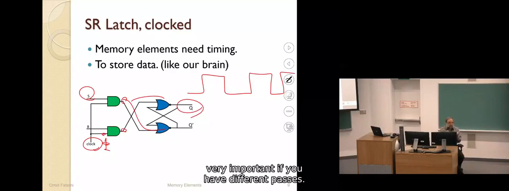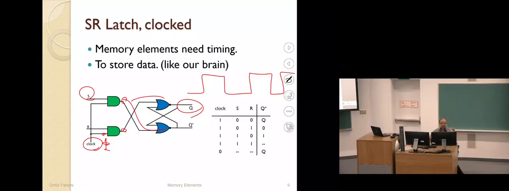If you have different paths, this is 10 nanoseconds, this is 8 nanoseconds, this is 12, the critical path determines your clock speed. So you have to pay attention to that critical path, and if possible, make it shorter to get a better clock. Because, as you know, the clock is synchronizing everything, and we select the clock period as the longest path.